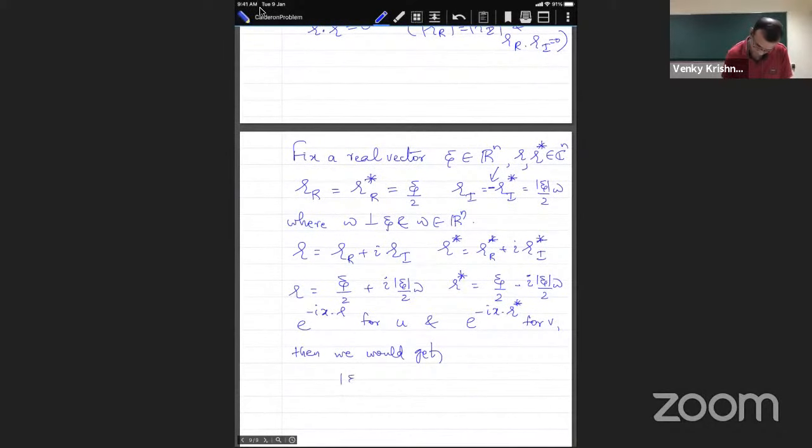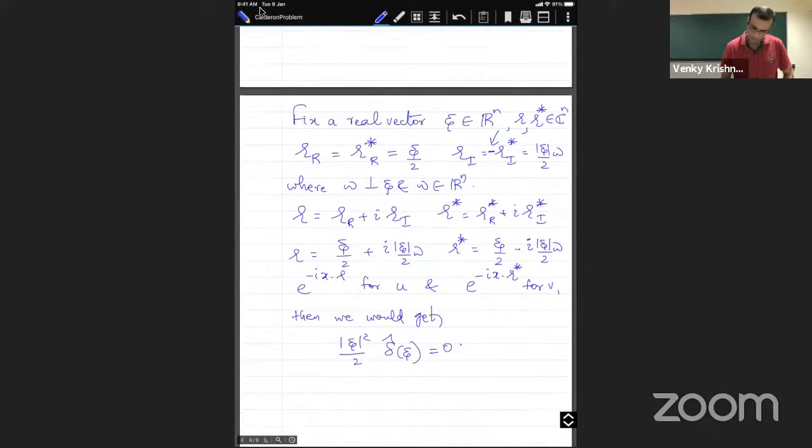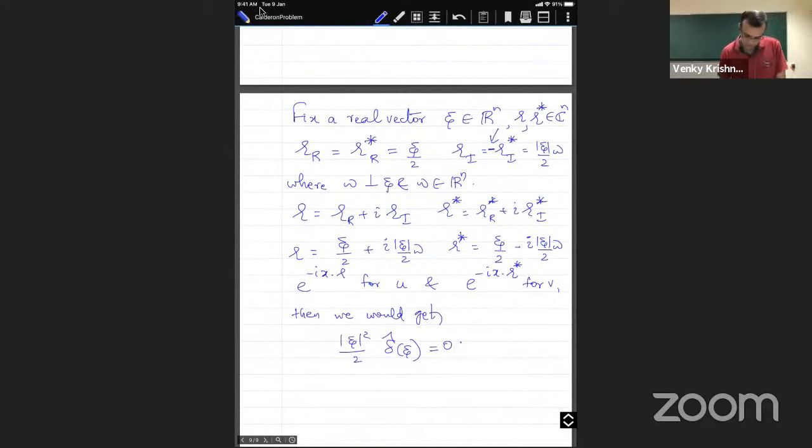So this would be mod c squared by 2, because you have to take the gradient. Suppose we just take the gradient of these two and then plug it back in. One remark is that this delta here is the perturbation, the L infinity perturbation.